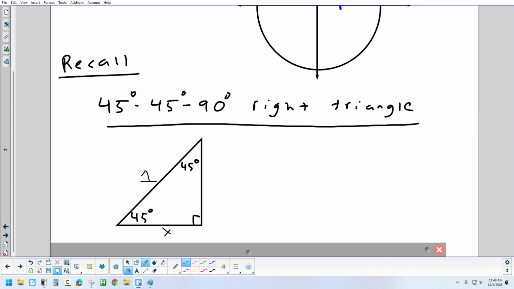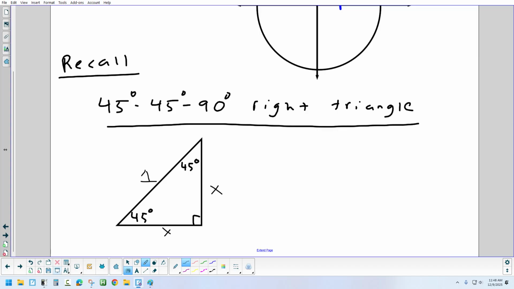What would we call the height? X. You'd only use different letters if they were different values. They're not different values. So if you want to use any two letters you want that are the same, that's fine. Now, how many different variables are we using to label the sides of that triangle? Yeah, 1. Just one. There's only one variable there.